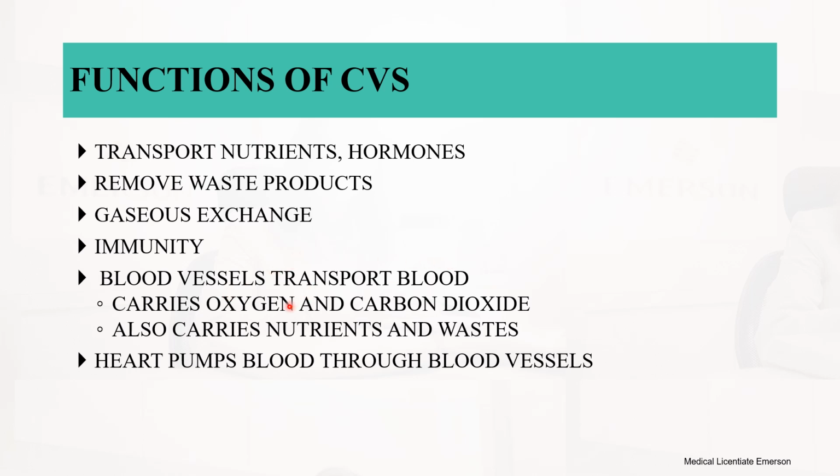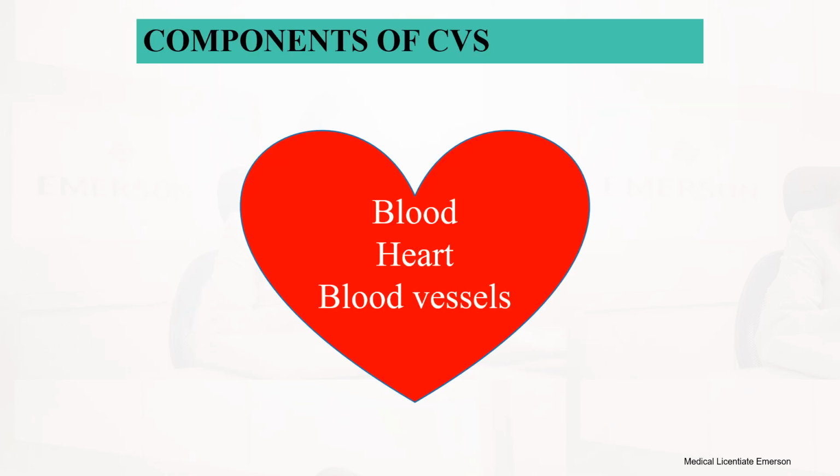So, in blood there is oxygen and carbon dioxide, of course, nutrients, and waste products. Okay, so then the other function has to do with the heart, where we say the heart pumps blood through the blood vessels. So this is one function.